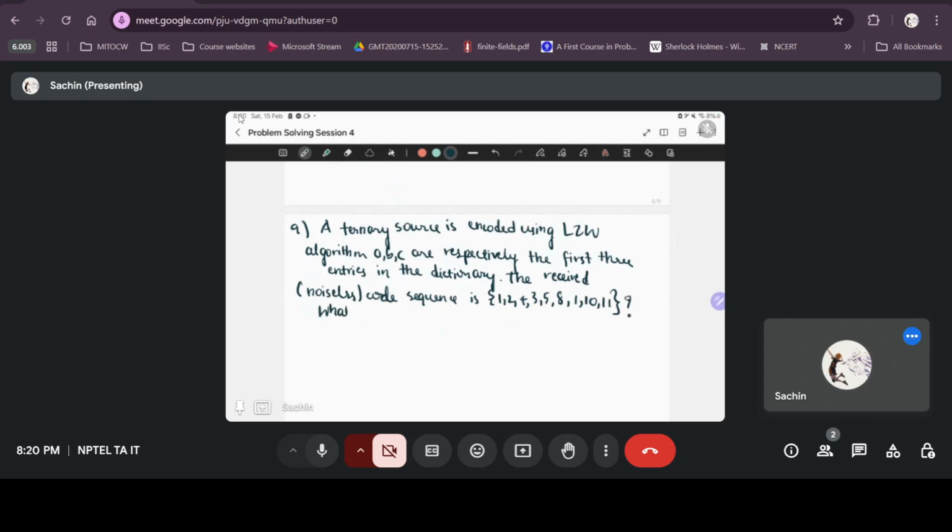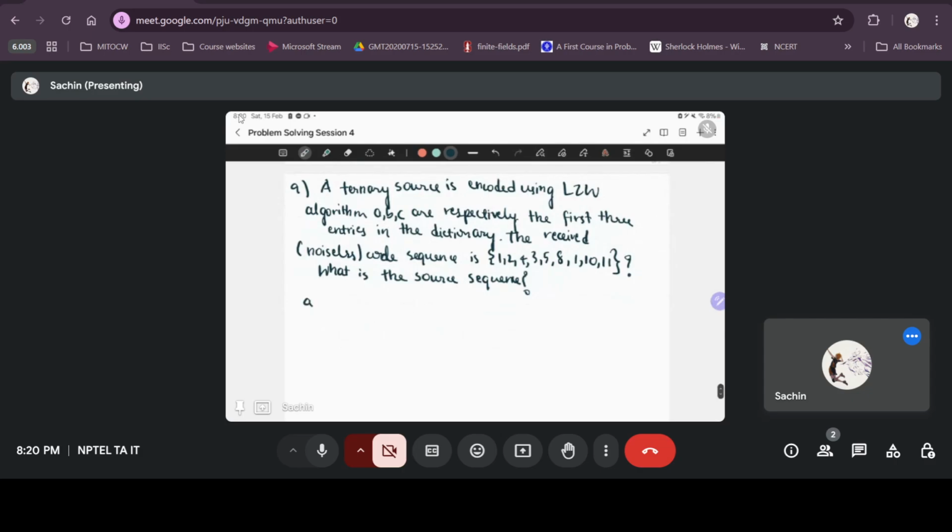What is the source sequence? Is it AB, AB, C, BAC, ABA, BA, BC?